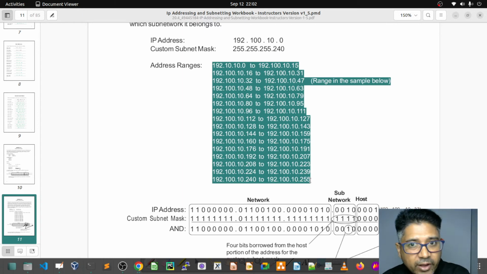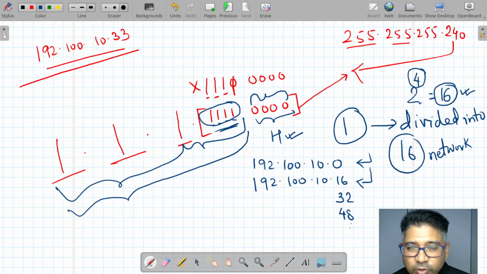This is the longest method, right? Now I'm going to give you a shortcut method. By using that, you will be able to solve these questions in less than a minute. Okay, should I teach you that method?